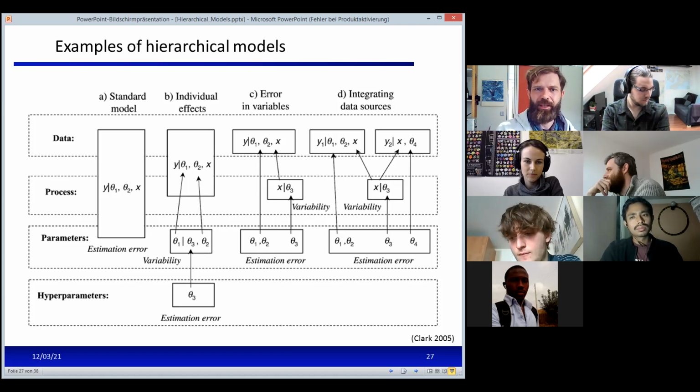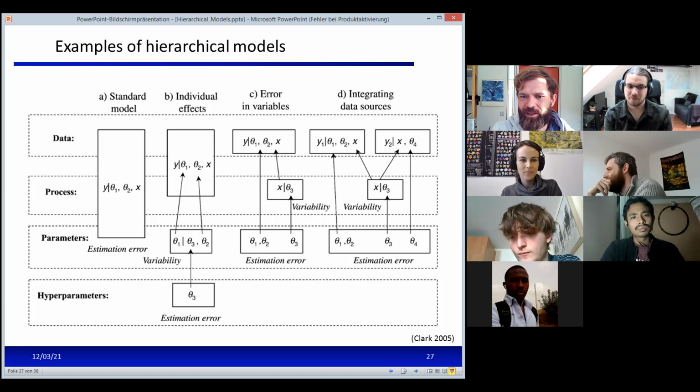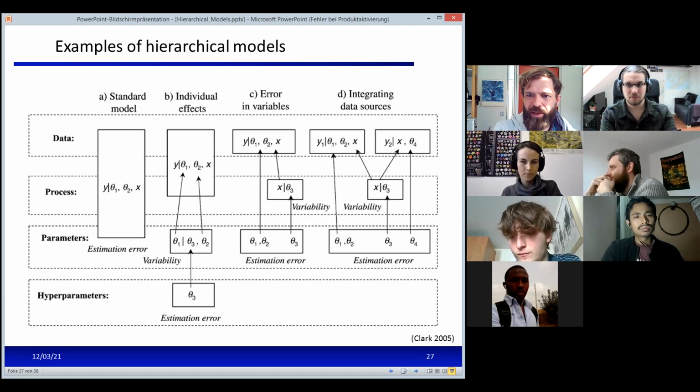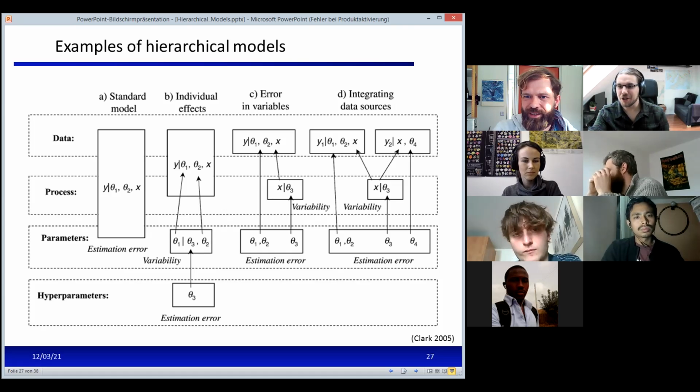Yeah, of course, it depends a bit on what you're aiming at, what your focus is. With Eric, before we talked about this package, HMSC.